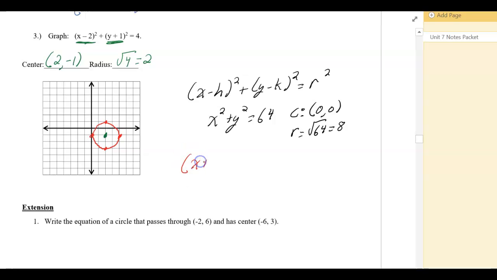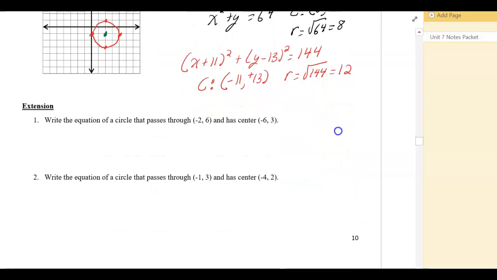If you have x plus 11 squared plus y minus 13 squared is equal to 144, the center, you're going to take the opposite of those two numbers, so negative 11, positive 13, and the radius is the square root of 144, which is 12.